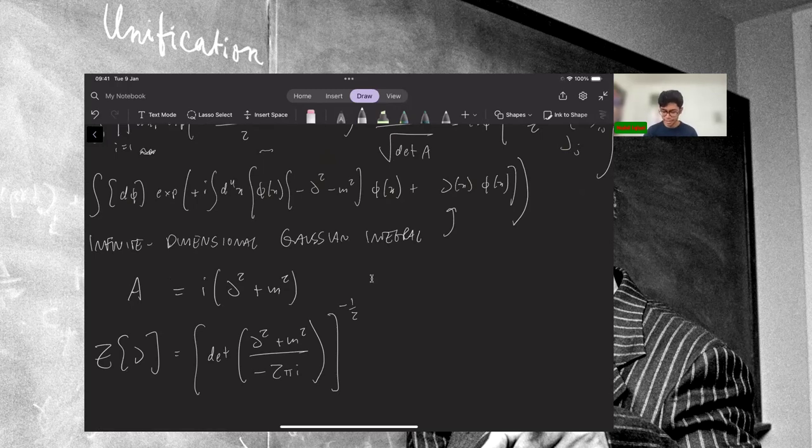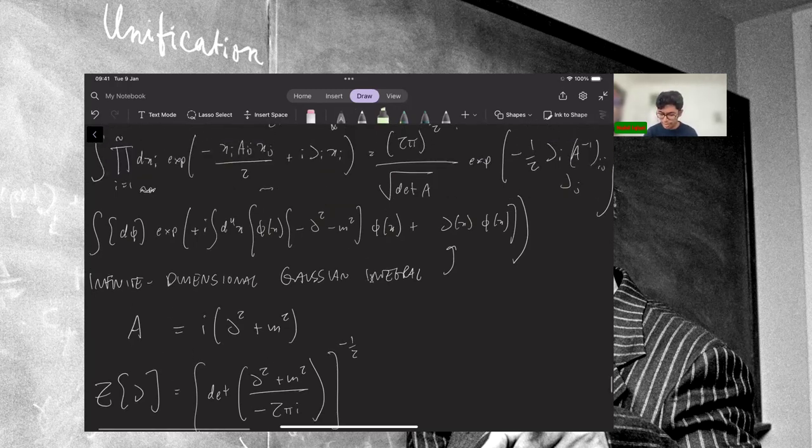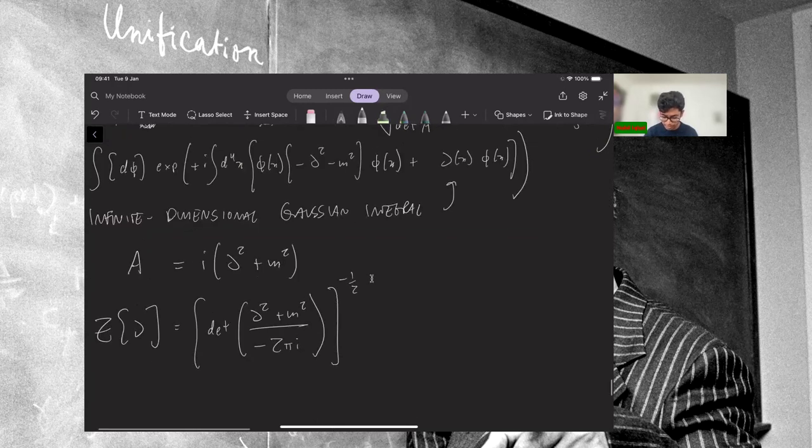And then this thing here is replaced by the exponential of minus 1/2 integral d4x d4y J of x times J of y times D_F of x and y.